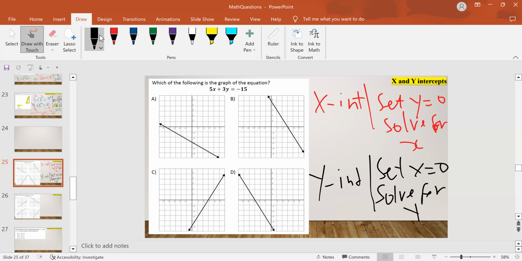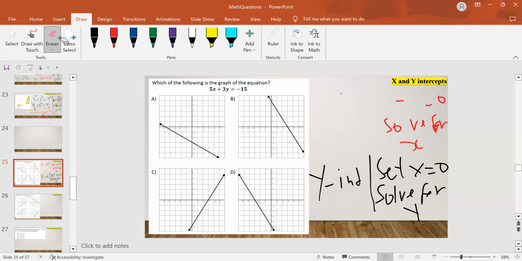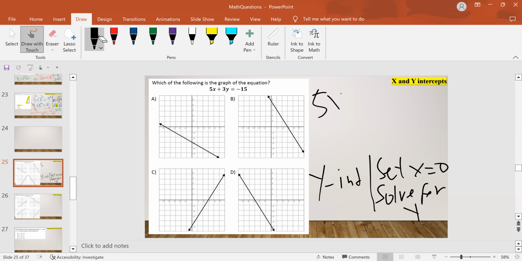Okay, so if I set y to 0 to find the x-intercept, that means I'm going to have 5x plus 0, because 3 multiplied by y, which is 0, is 0, equal to negative 15.